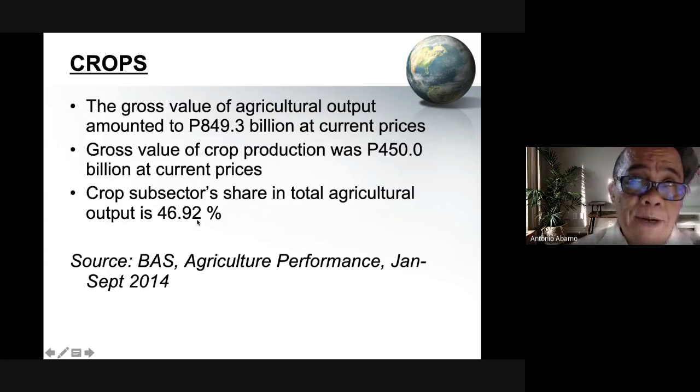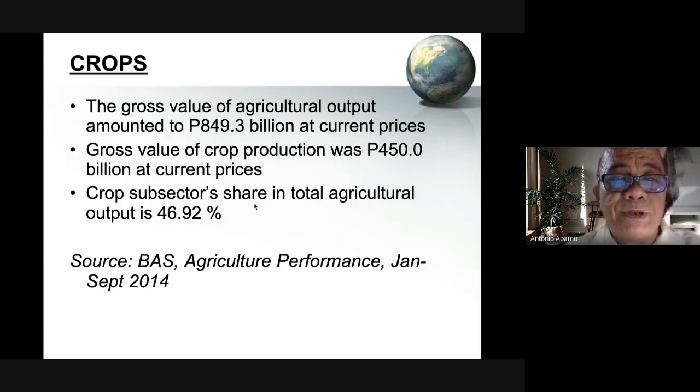That means the remaining 53% comes from value addition from non-agricultural output, maybe to say from processing.